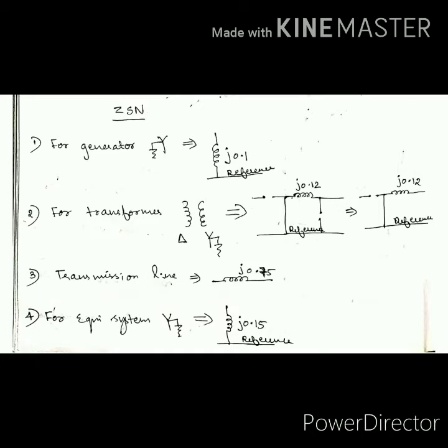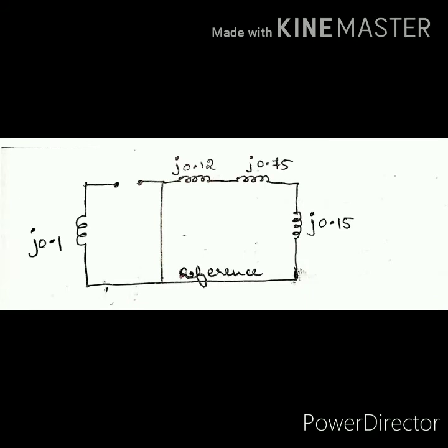So now see the zero sequence network. Together what we are doing is we are following the shape of the line diagram that is given, and by following this shape you are joining all the components. First you will place the generator, then the transformer, and then you will have a transmission line, then you have the equivalent system.